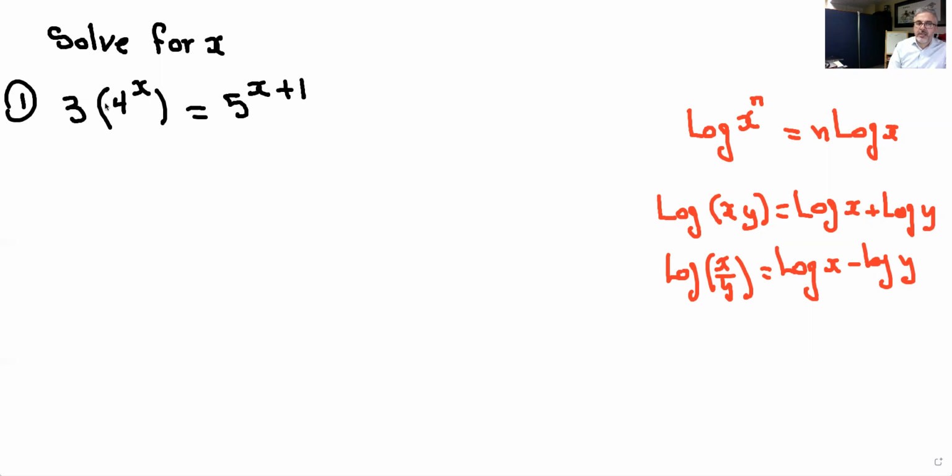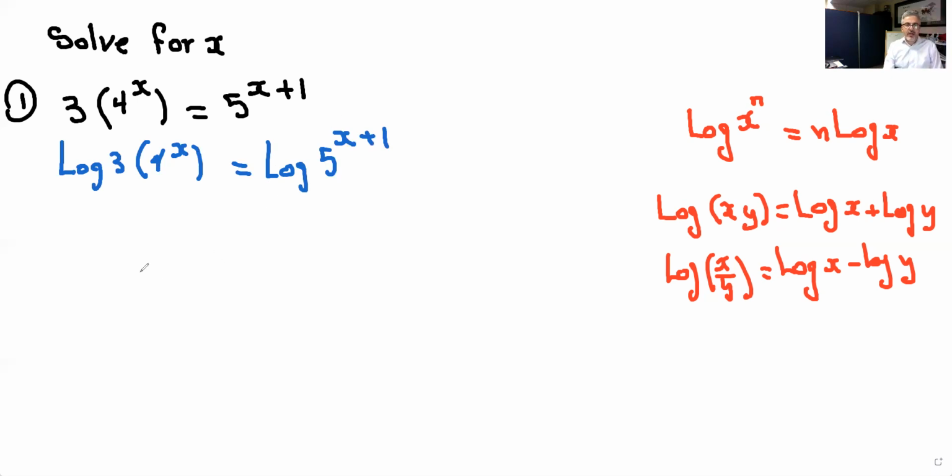Order of operations, you cannot multiply before you do the exponent. So you just have to log both sides. So now I'm going to have log of 3 times 4 to the x equals log of 5 to the x plus 1. The reason we log both sides is to be able to bring the exponents down, and therefore we can solve for x.